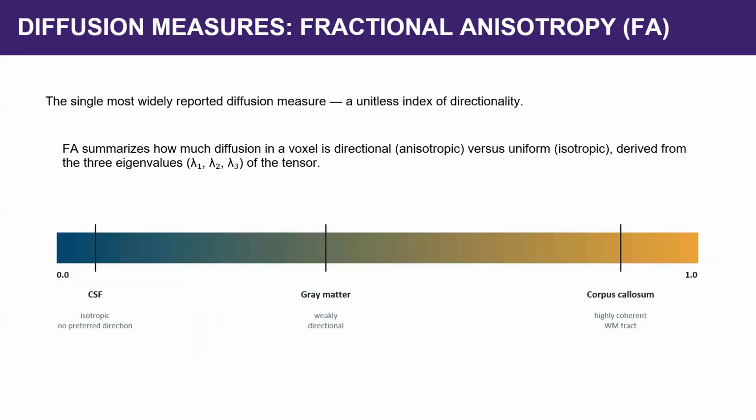I talk about the fractional anisotropy because the FA summarizes how directional the voxel is, whether it is anisotropic or uniform isotropic, in terms of the three eigenvalues. In the ventricle, you have an FA value of 0 because it is a perfect sphere. In the corpus callosum, we have one main direction, so we have not a score of 1, but it is close to 1.0.